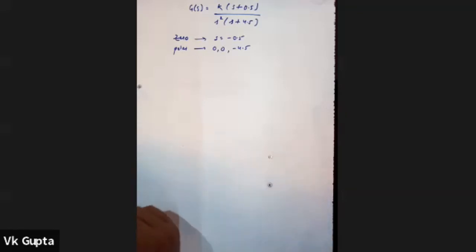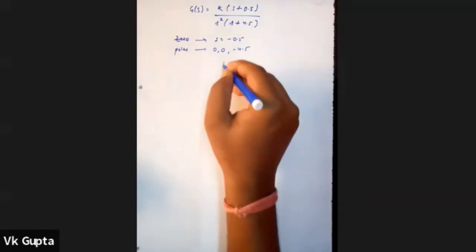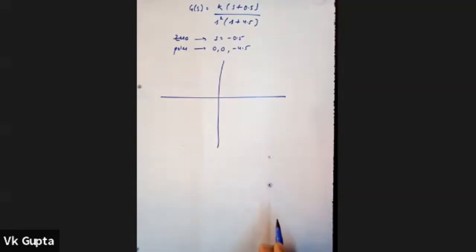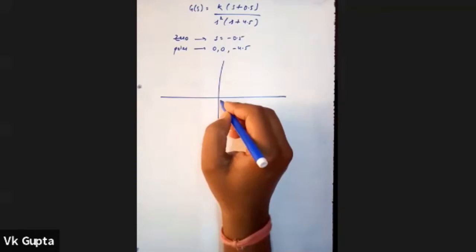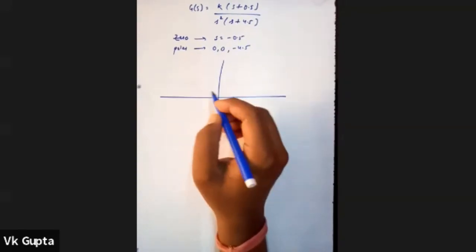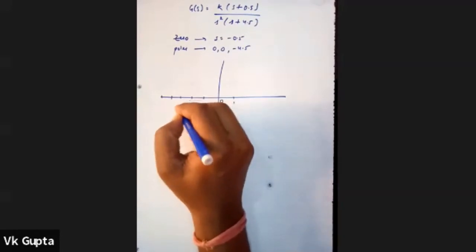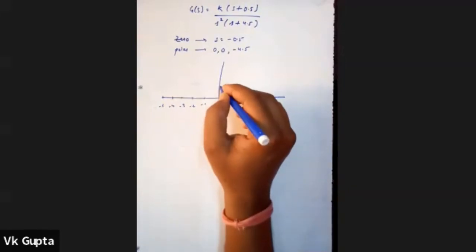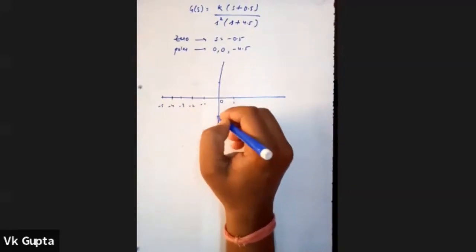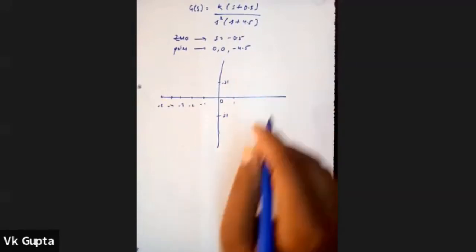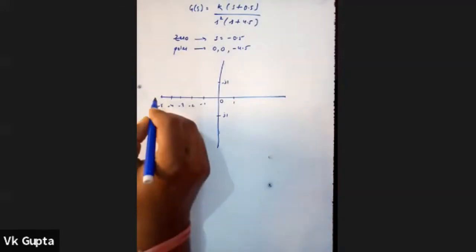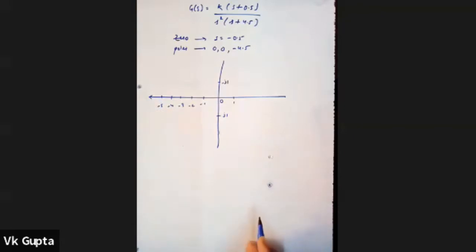Now, step number 3. Before that, we will draw our root locus s-plane. Now let us mark our zeros and poles.